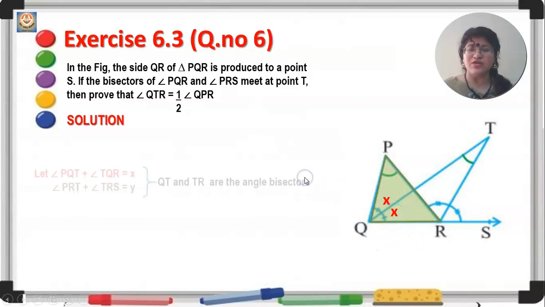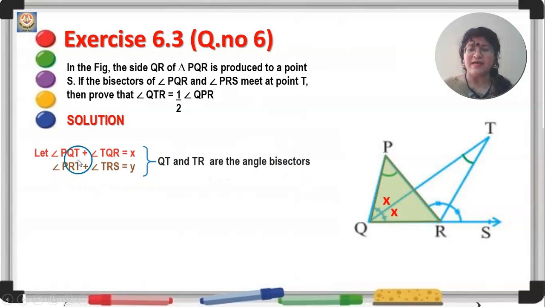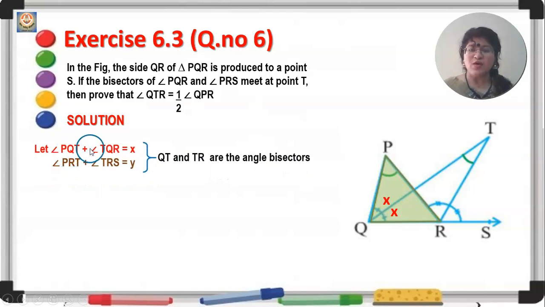So look at the solution. We start off by writing, let PQT equal to angle TQR equal to X. Similarly, let PRT equal to angle TRS equal to Y, because it is given TR is the bisector of angle PRS.